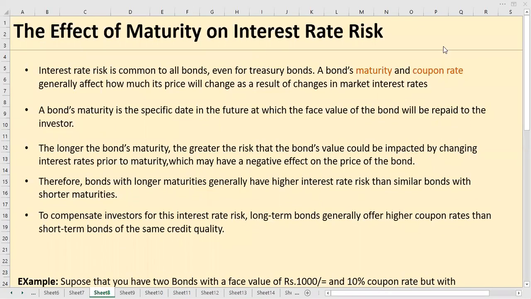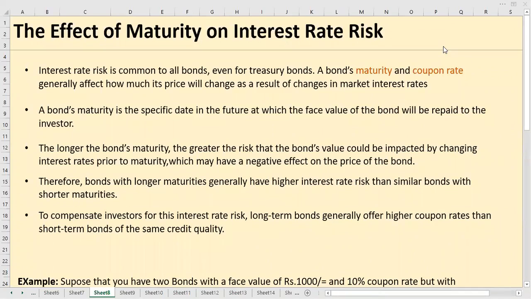So normally we tend to say the interest rate risk is higher when there is a higher maturity. The explanation for that is when there is a higher maturity period, the bond is exposed to the economic conditions for a longer time, right? Because of that, there is a tendency of increasing or decreasing the interest rate in the economy.